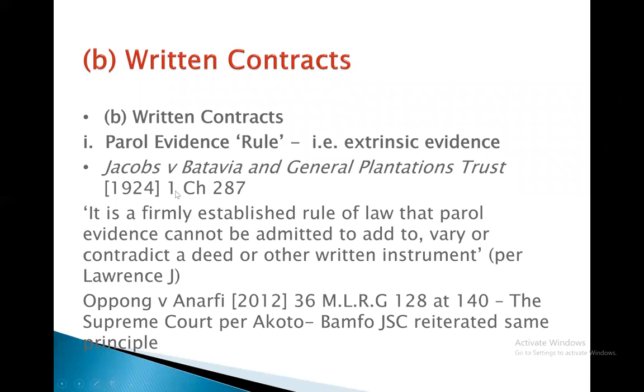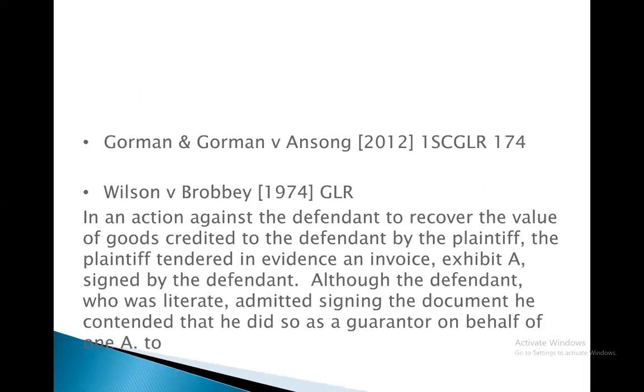So we can look at the case of Jacobs against the Batavia and General Plantation Trust, the case of Pond and Anafi. Look at the beautiful words of Bamfo, the case of Gorman and Gorman against Anson, and then the well-known case of Wilson and Broby.